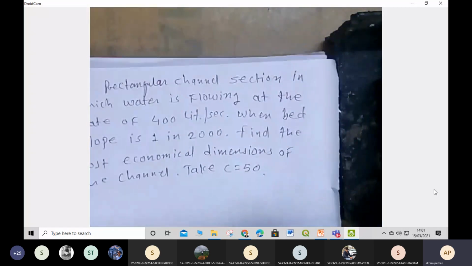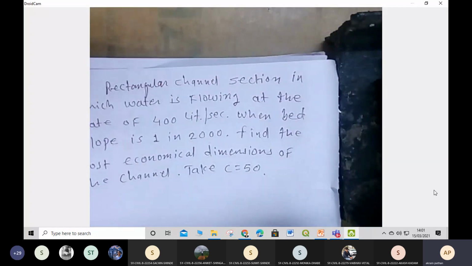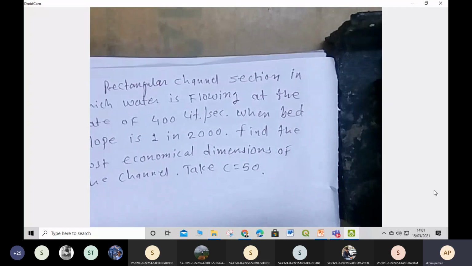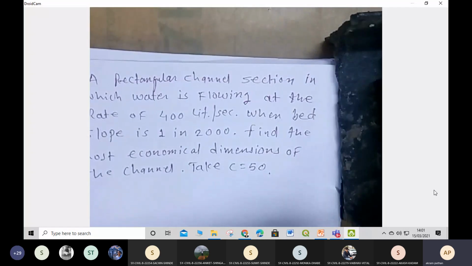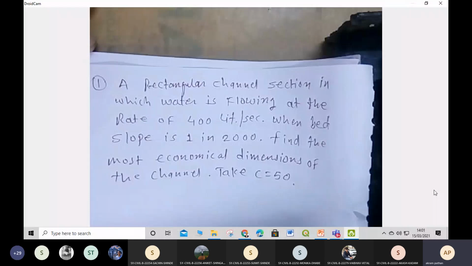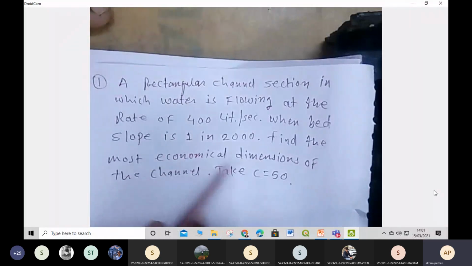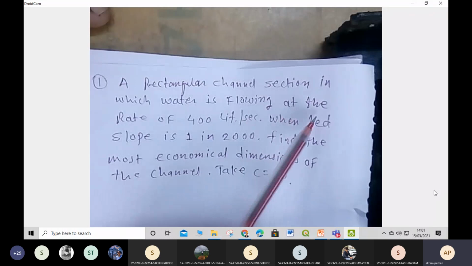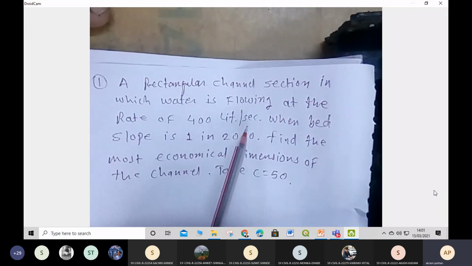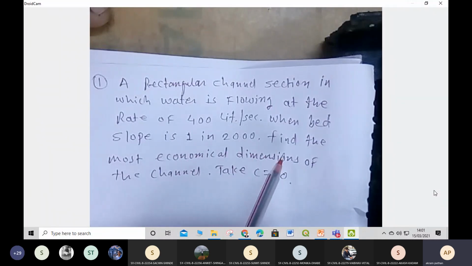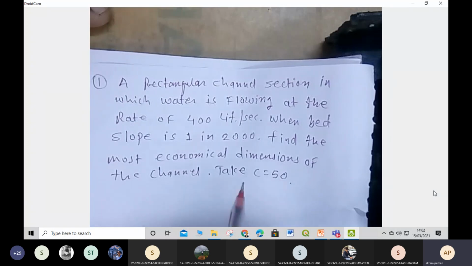So this is the given problem: a rectangular channel section in which water is flowing at the rate of 400 liter per second. The discharge is given. When bed slope is 1 in 2000, find the most economical dimension of the channel. Take C is equal to 50.